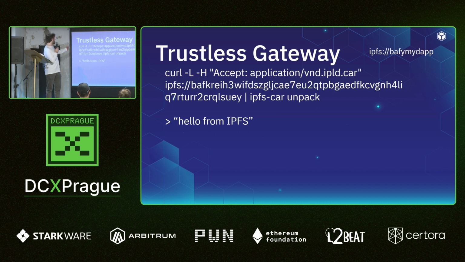But I could choose to use a gateway I don't trust, ask for the data as a CAR file, pipe it to this CAR unpacking tool, and ta-da, I get the answer. And you can pipe it to FFmpeg or whatever you want. You can just go and do this.